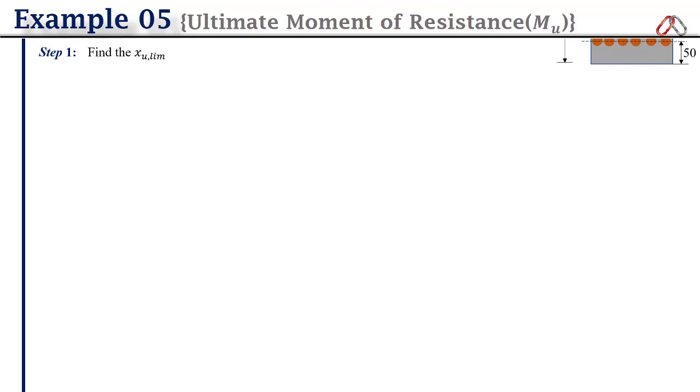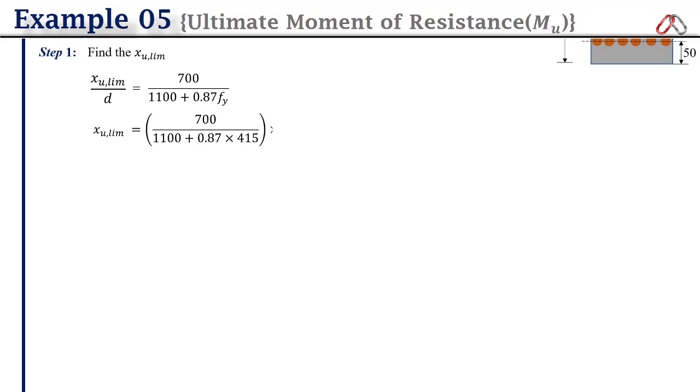Now the first step is to find the actual XU limiting. I have already explained this formula: XU limiting upon d is 700 upon 1100 plus 0.87 fy. Here if you put the value of fy 415 and effective depth 600, the value of XU limiting is 287.46, that is approximately 288 mm.